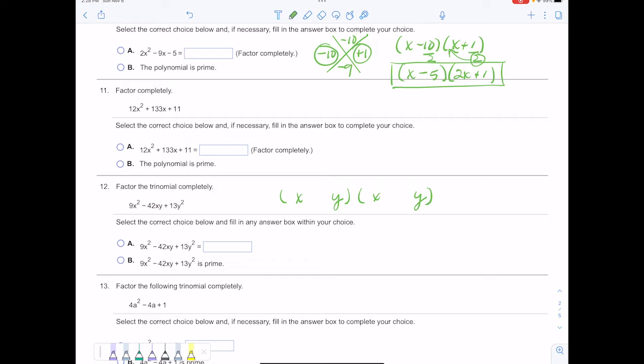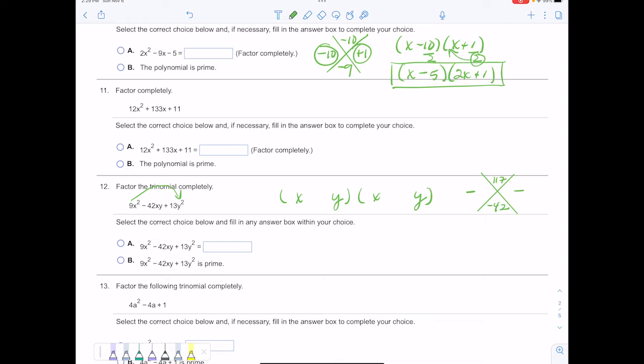So I'm going to multiply 9 times 13, and that gives me, let's see, 7, carry the 2, 117. So I want two numbers, and they have to multiply to give us 117, and then add to give us -42. And my signs are going to be a negative and a negative.